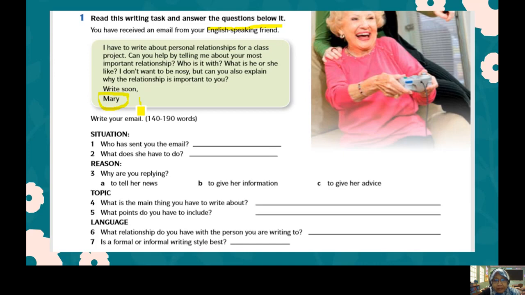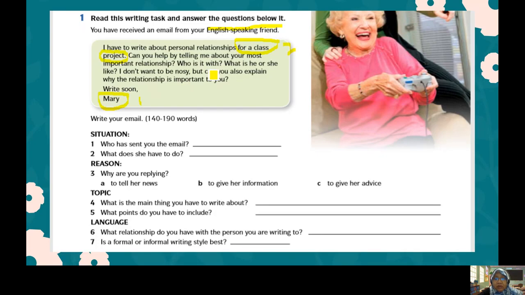Why? So the answer is here: for a class project. Untuk kerja projek dia. That is the answer for number 2.